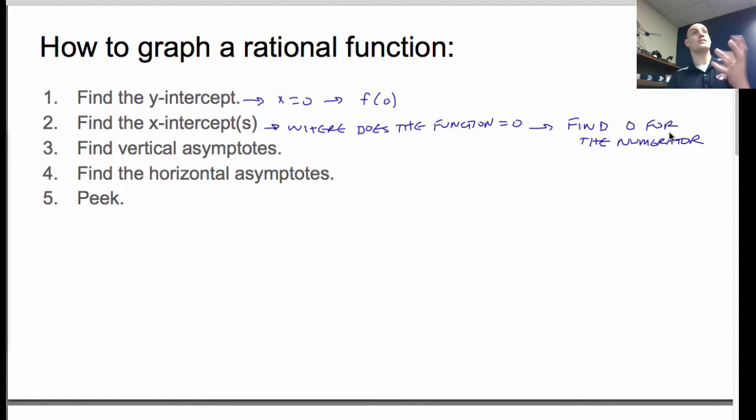Because if I've got a fraction and I've got 0 on top, that's where the function's equal to 0. So I'm going to set the numerator equal to 0 and find that out. Vertical asymptotes, we talked about yesterday. That is where the denominator equals 0.